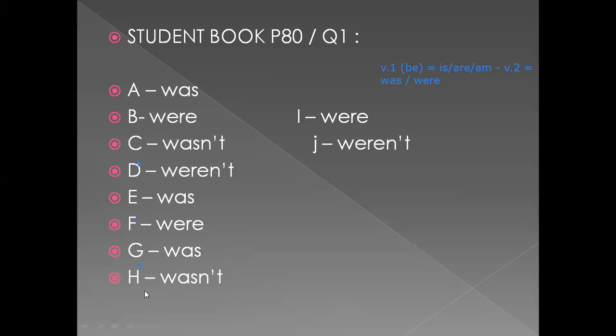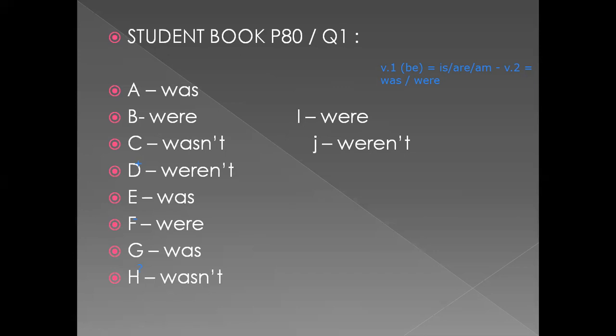Okay, and sentence H. Here I have no with a singular subject, which is I, he, she, and it. So I should use no, he wasn't, no, she wasn't, no, it wasn't. In sentence I, here we have yes, we, you, and they.